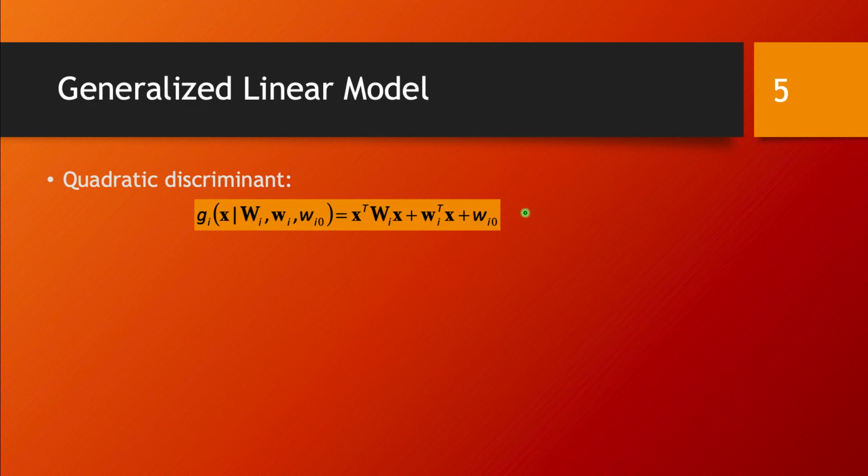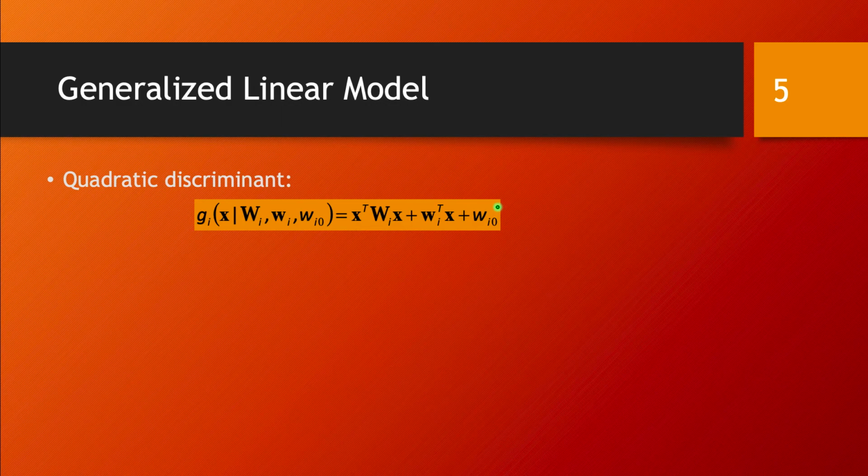What this means is that instead of the linear function you considered before, this time you consider a quadratic function, and that comes down to having a new term of the form x transpose Wi x, where Wi is a d by d matrix, and d is the number of features in your data set. Then you still have the linear term as before, and the free term. So this is just an extension from the linear discriminant to the quadratic discriminant.